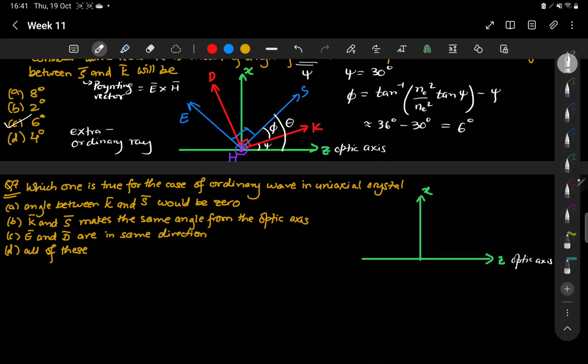I'm just redrawing the figure from the above question. That's my K vector. That's my D vector. That would be the S vector. That would be the E vector, making 90 degrees.